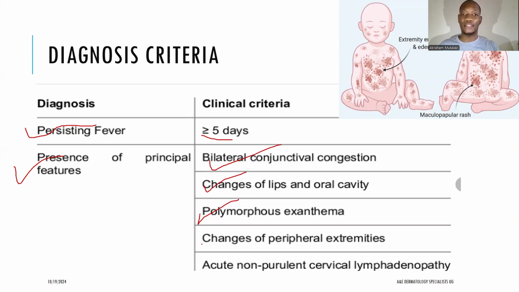We can also have changes in the peripheral extremities, especially the hands and feet, with edema, swelling, redness, and then also we can have an acute non-purulent cervical lymphadenopathy. So when you see these features, you can make a diagnosis of Kawasaki disease.